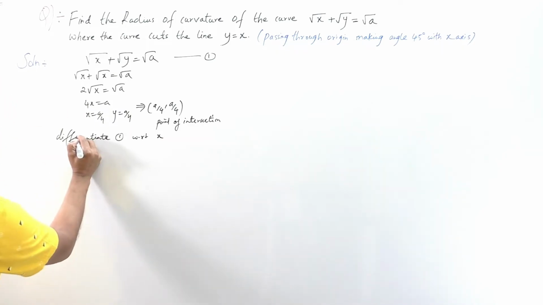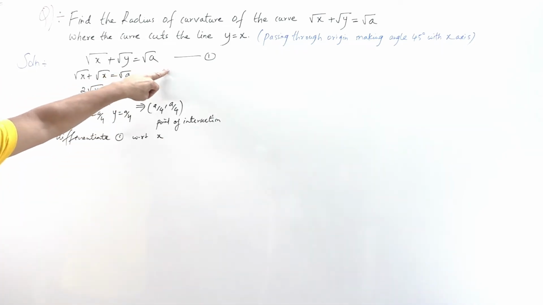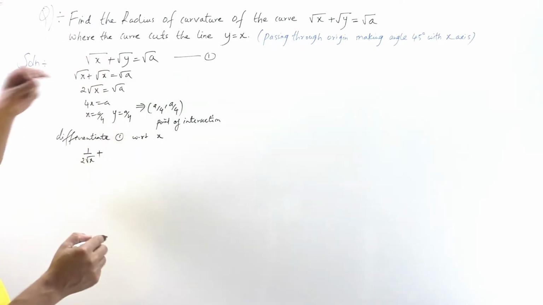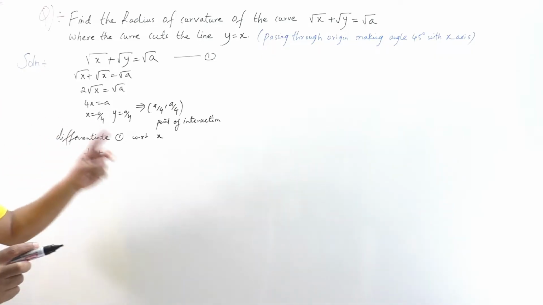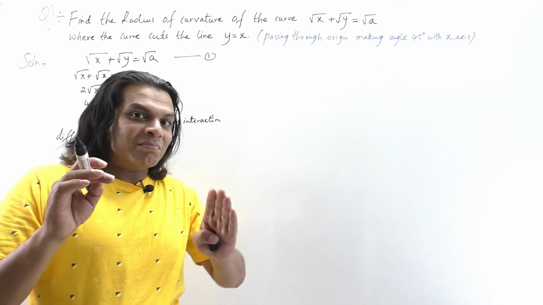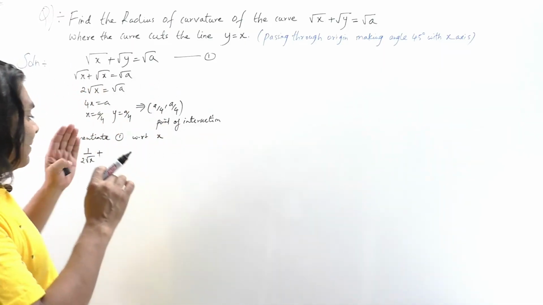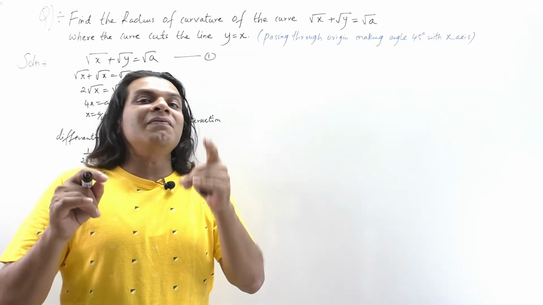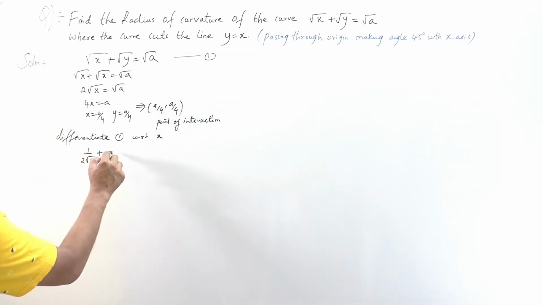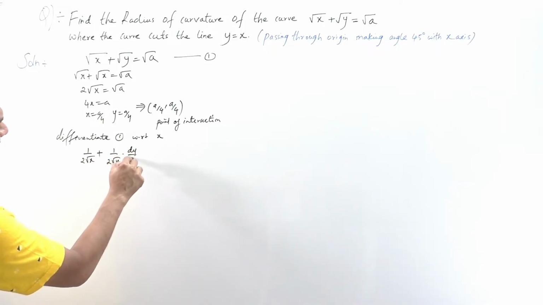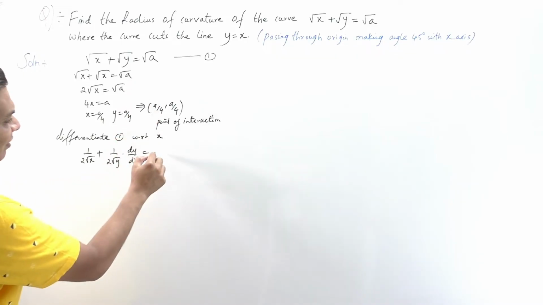Now, if you differentiate with respect to x, differentiation of root x is 1 by 2 root x, plus differentiation of root y. We are differentiating here with respect to x, so differentiation of root x will be 1 by 2 root x, but differentiation of root y will be 1 by 2 root y into dy by dx, is equal to root a is constant, so 0.